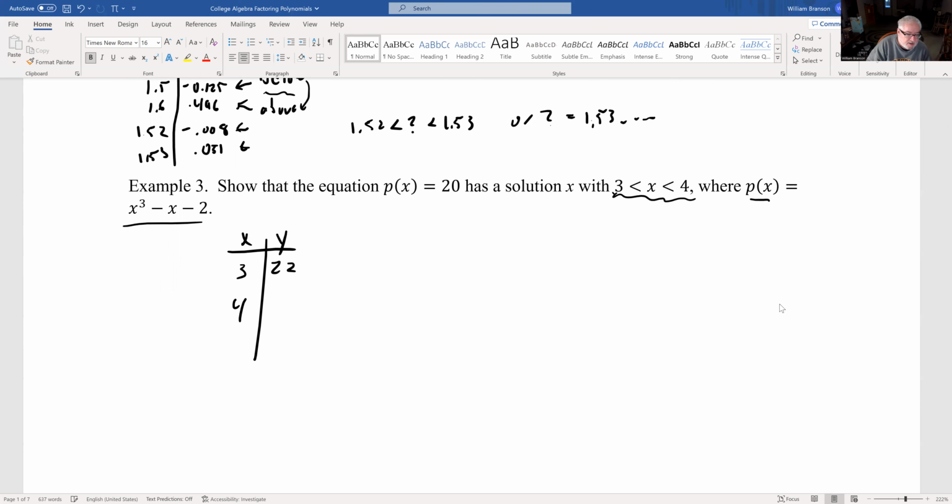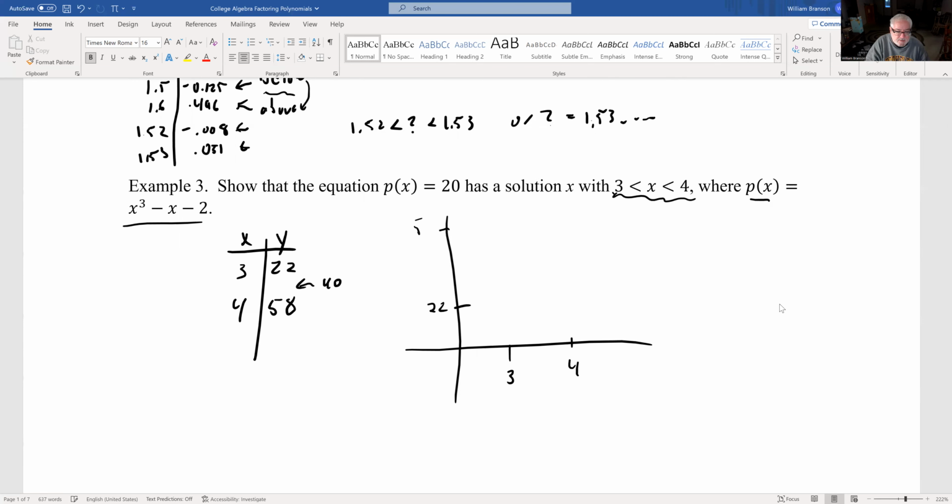If you plug in x equals 4, you get 58. And 40 is between those two numbers, right? Between the two y values. So what we're saying here is, well, if you plug in 3, you'll get 22. But if you plug in 4, you get 58.